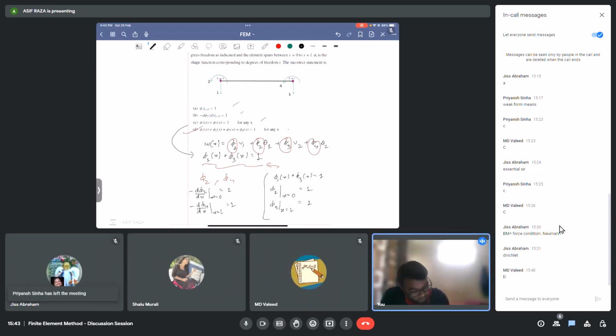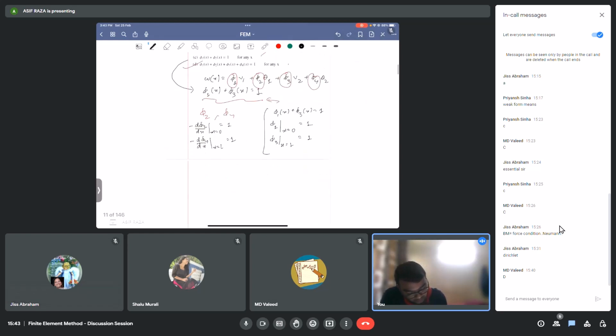So if I combine these statements making it analogous to this, my correct answer would be d phi 2 by dx of x plus d phi 4 by dx of x equal to 1.